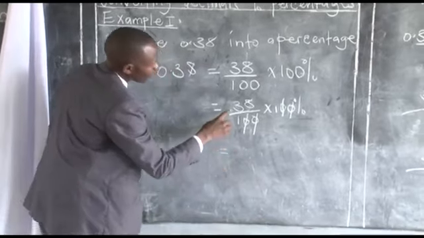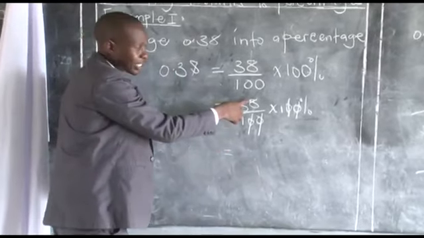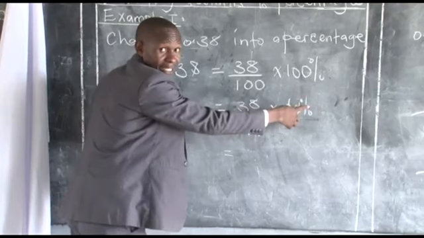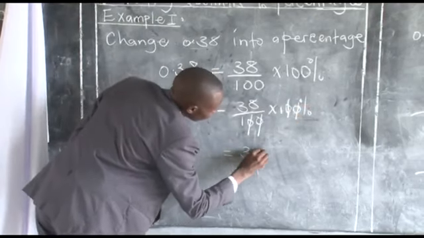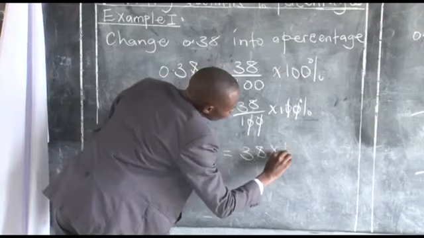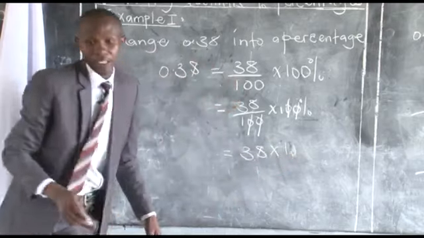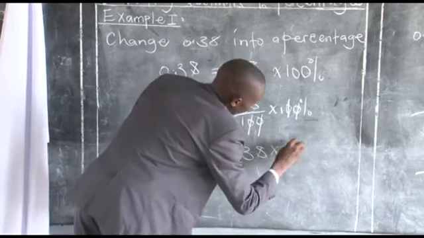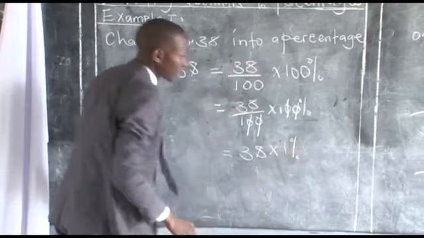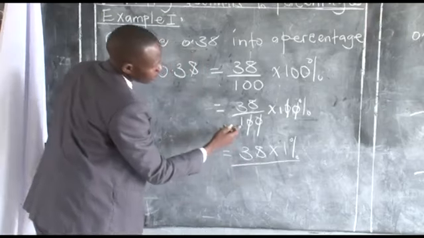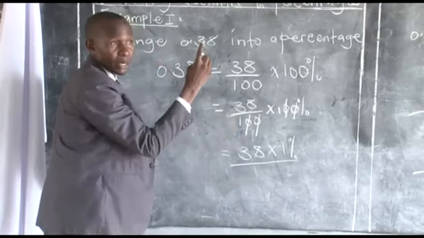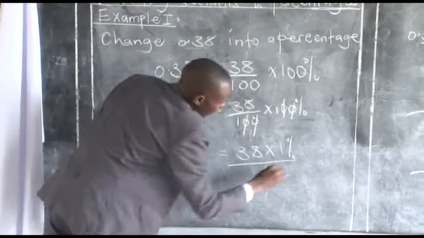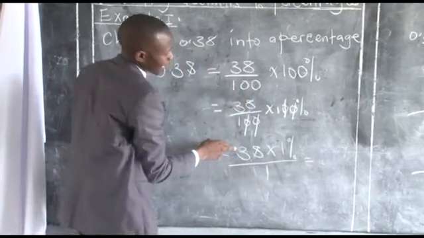When we come here, we have now 38 times 1%, divided by, what are we remaining with? We are remaining with 1 out of 1. This gives us 38 times 1.